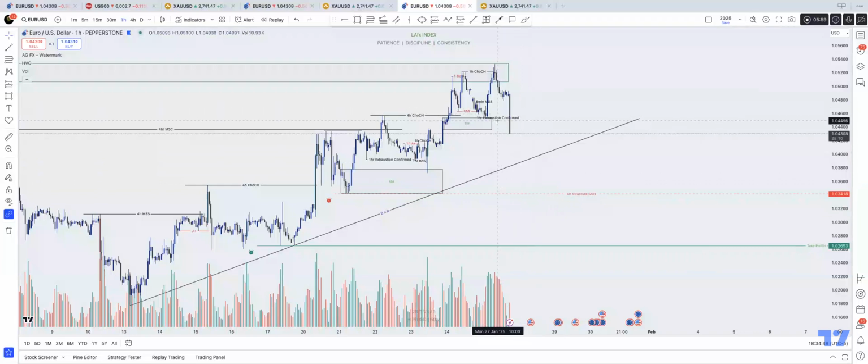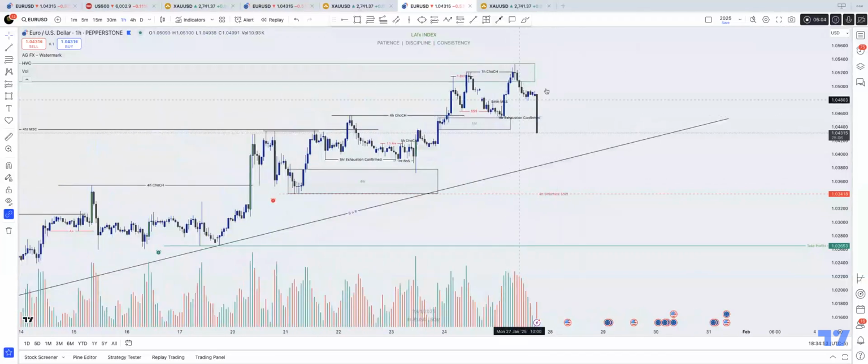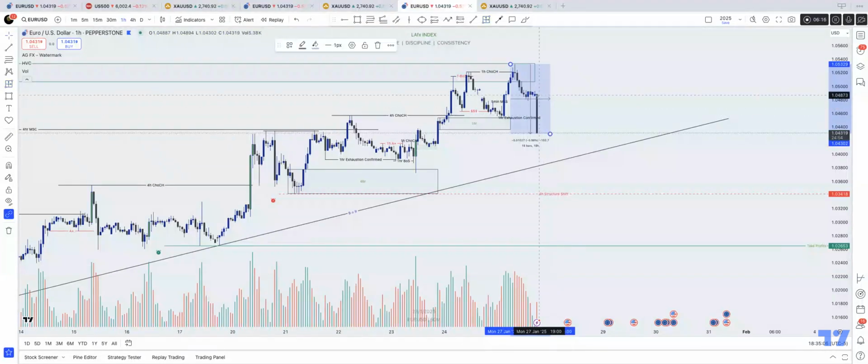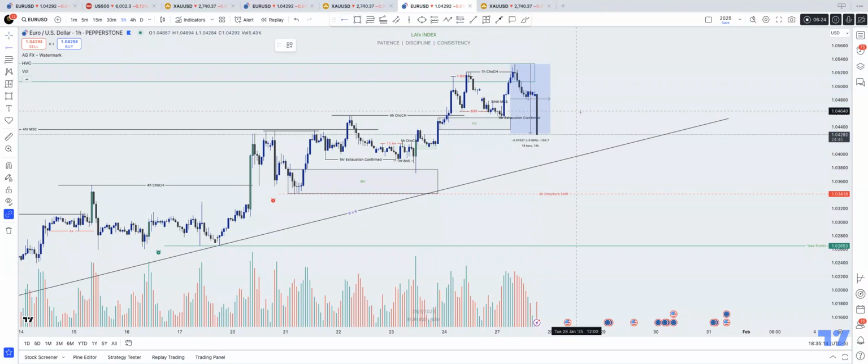So once we have our exhaustion, it becomes a distribution. So what do we know? This is our high. We haven't formed that. Our low hasn't finished forming yet, but we're here. So even if we use here, our inducement will be in the premium zone.